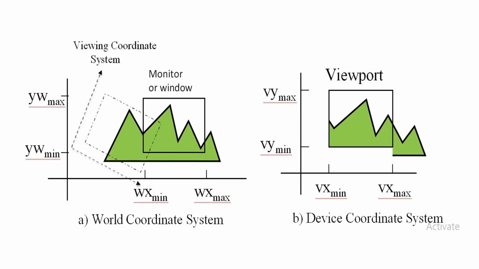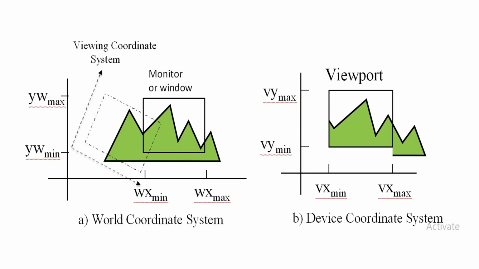This window cuts a portion of that scene, and the whole system is called the viewing coordinate system. In this coordinate system, we use the window for viewing, and from the picture you can see what a window is.